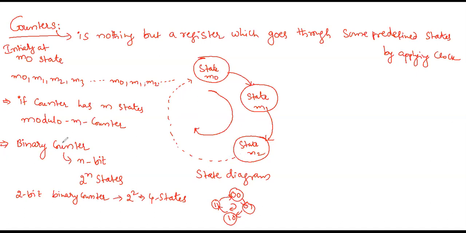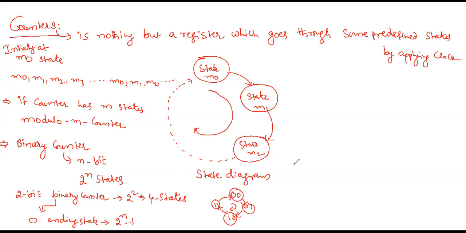And counters are of so many types. In that, a binary counter, an n-bit binary counter, contains 2 to the power of n states, and here the starting state is 0, ending state is 2 to the power of n minus 1.